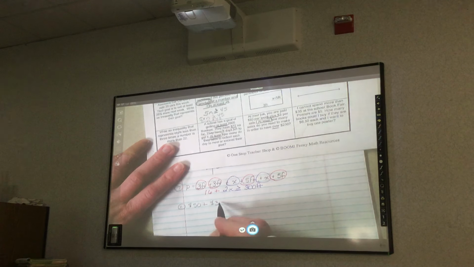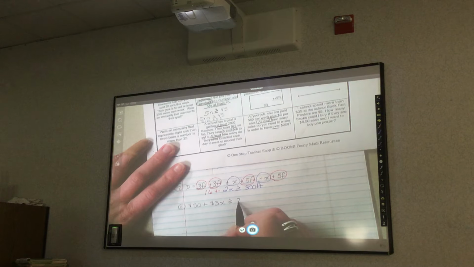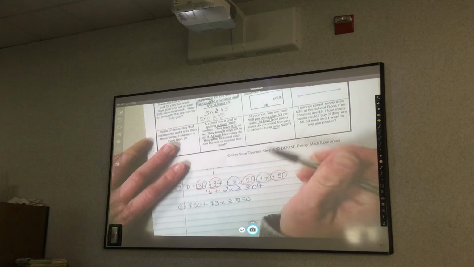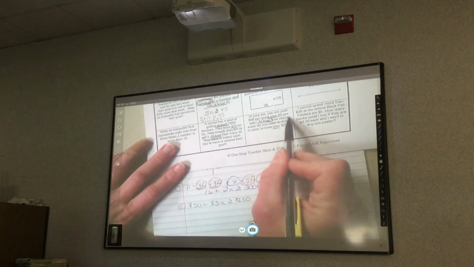Do I know how many sales I have? No, so that's gonna be my letter. So it'd be 50 plus 3 times x has to be greater than or equal to 250. Now I need to solve it, cause it says, how many sales, so I better solve it.